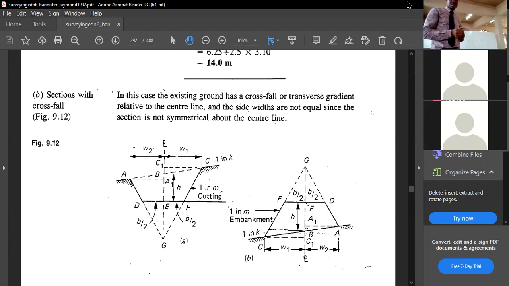Okay, so let's consider the case where we have what we call the cross fall.